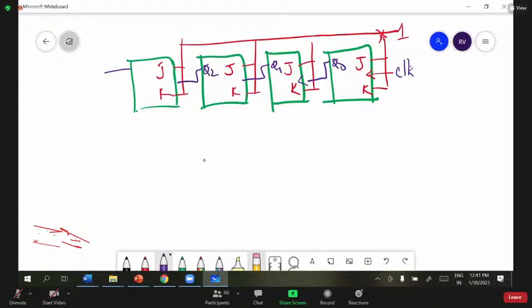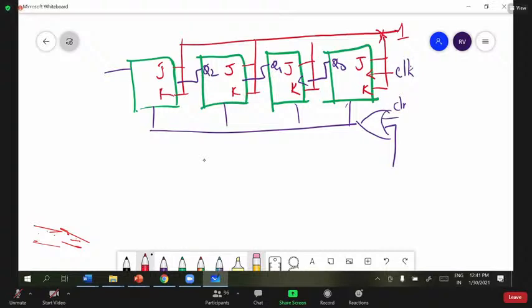Now what I have to do: clear is mandatory for us, so I am taking the clear signal from this, and here you extend this Q1, this Q0, this Q2, this Q1. I said it is counting from 0 to 9.